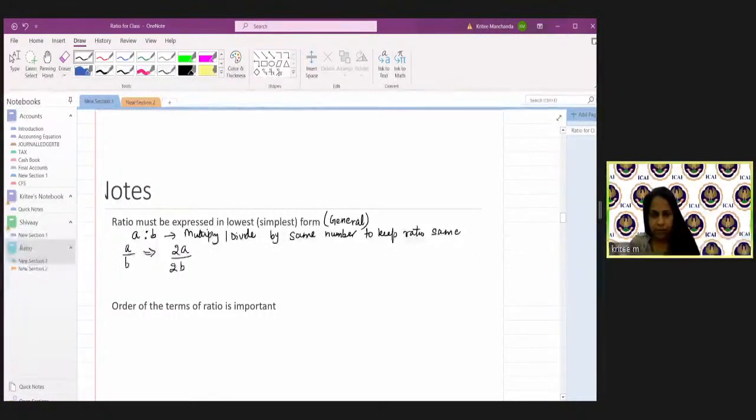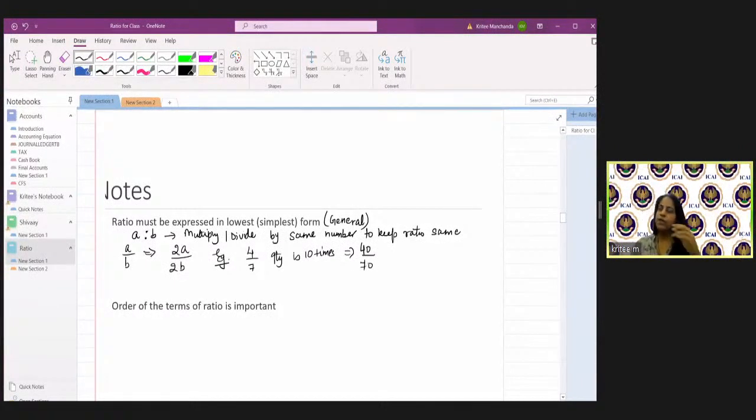So for example, if I have 4 by 7 and my quantity is now 10 times, what should be done? 40 to 70.